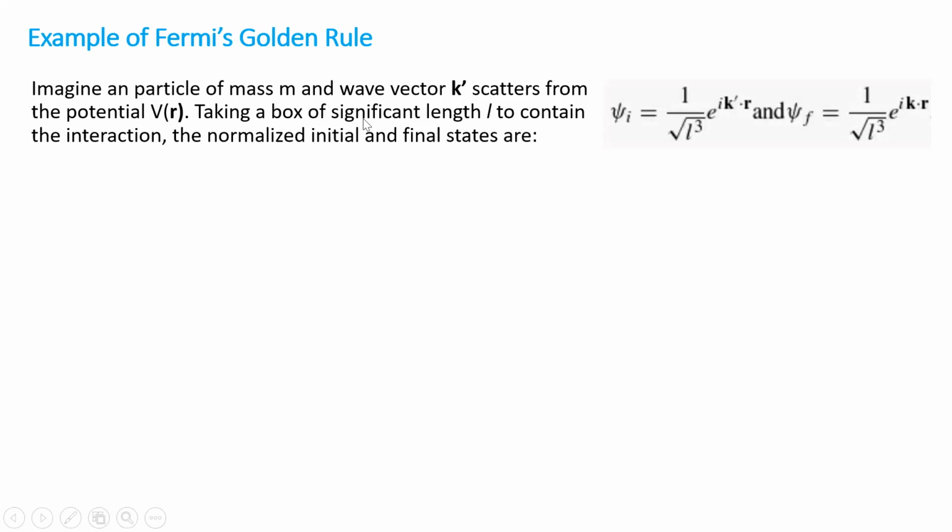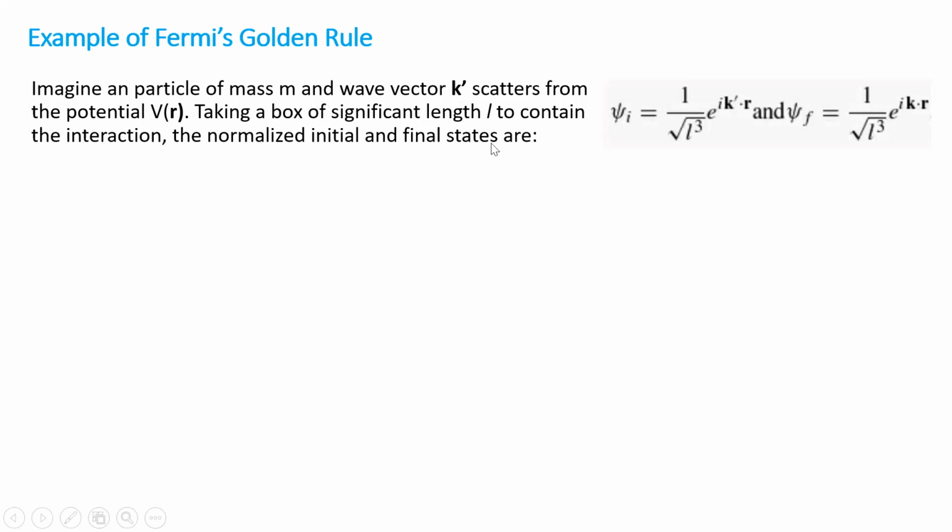Okay, so we take a box of a significant side length L to contain the interaction. And the reason we do that is because we want to have normalized states. And if we contain things in a box of length L, we can normalize the wave vector, the eigenstate associated with the wave vector k prime.